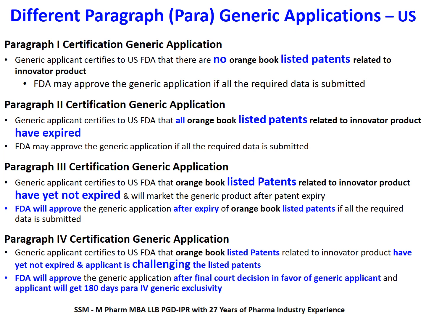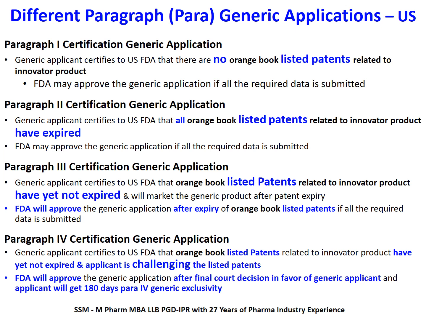Para 2 certification generic application: in this, the generic applicant certifies to the US FDA that all Orange Book listed patents related to the innovator product have expired, and FDA may again immediately approve the generic application if all the required data is submitted.